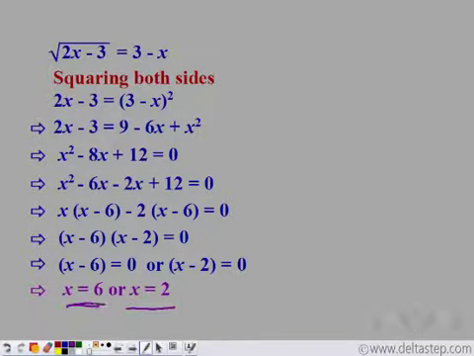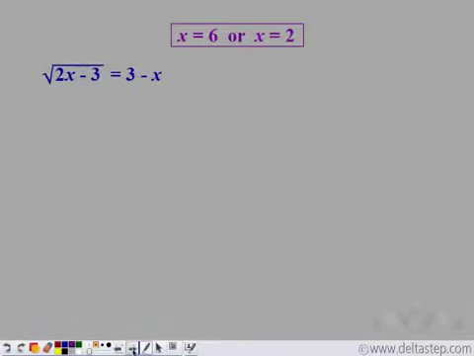We have got this after solving this equation using squaring both sides. So this is our equation, and we have got x equal to 6 and x equal to 2 as the solutions after squaring both the sides of this equation. Now let us verify whether these solutions actually satisfy this equation. So first let us consider x equal to 2.